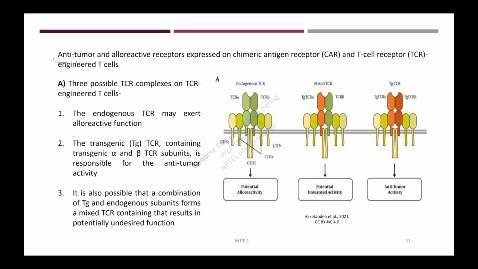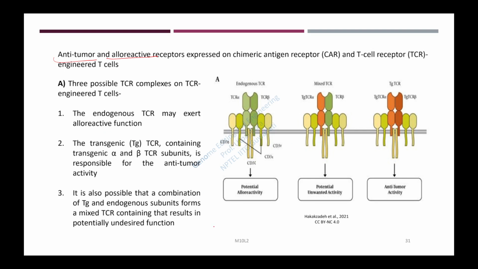So, anti-tumor alloreactive receptor expressed on the chimeric antigen receptor and T cell receptor engineered T cells. So there are three possible TCR complexes on the TCR engineered T cells. Here the first one is the endogenous TCR, which may exert an alloreactive function.